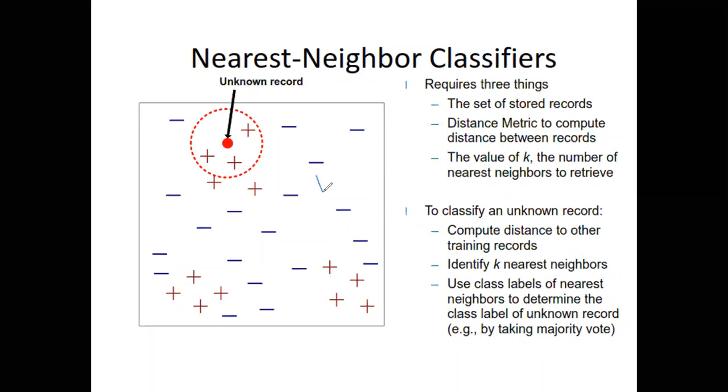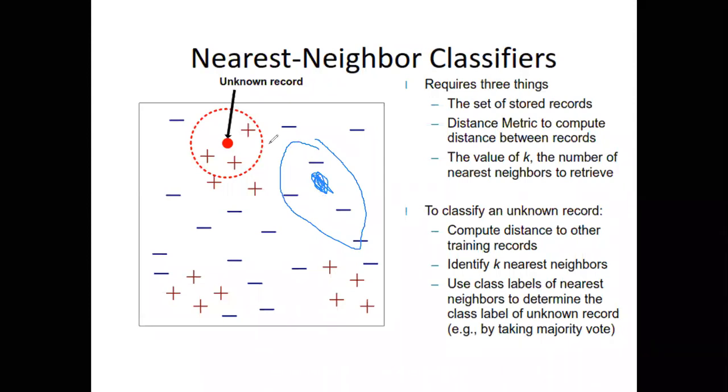If that red circle is present here, what will happen? With 3 nearest neighbors, meaning these negative circles, I can say that this dot belongs to the negative class. Is it clear?